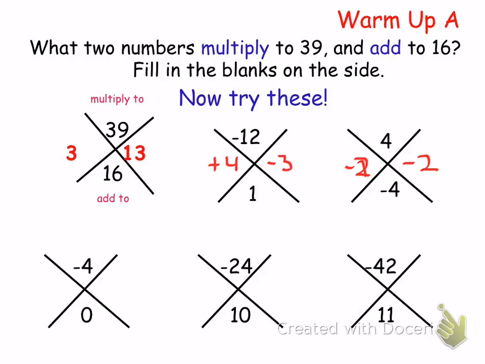What two numbers multiply to negative 4? Again, if I really just make a, what are the factors of 4? I don't do any signs. 1 and 4, 2 and 2. Now, I play with the signs afterwards. What two factors will multiply to negative 4 and add or subtract to 0?